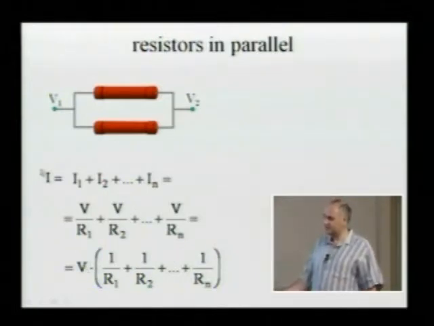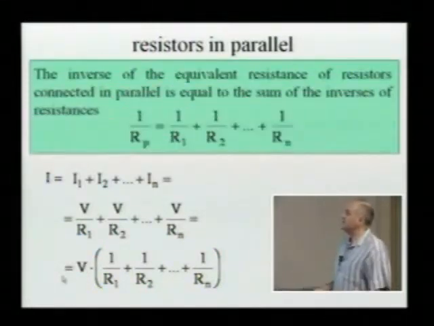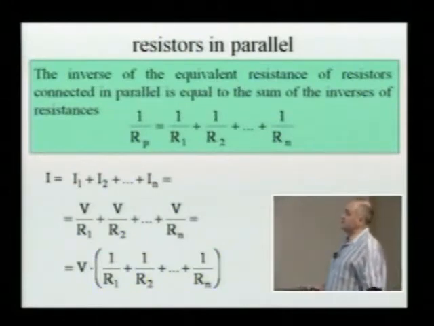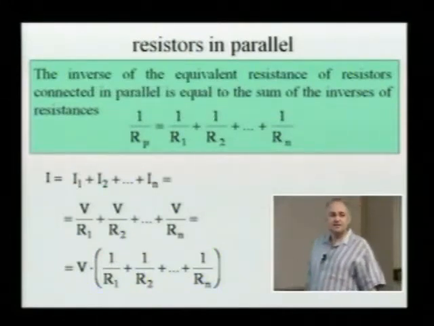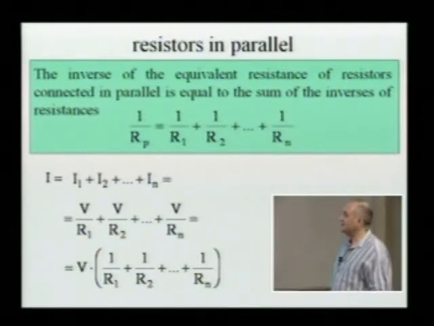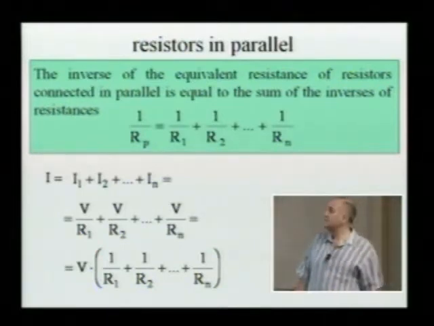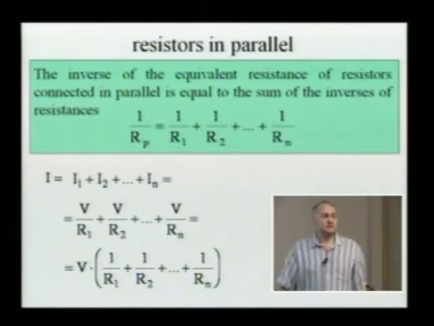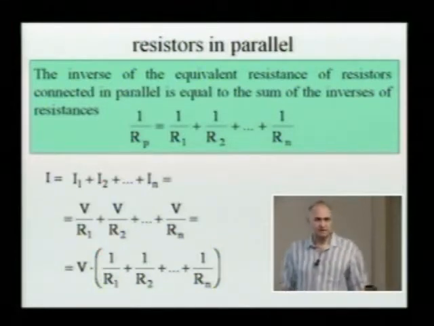Resistance should be on the side of the current, which means that I have to move this entire expression to the left-hand side, and I will have that potential difference is equal to current times resistance. Which means that the inverse of equivalent resistance of resistors connected in parallel is equal to the sum of the inverses of the resistances of individual resistors.